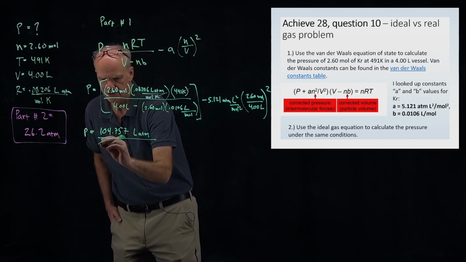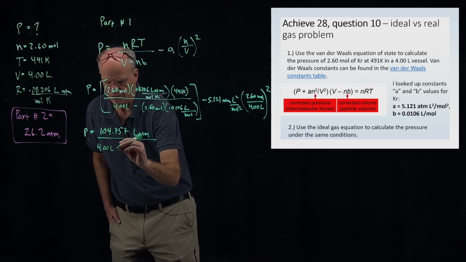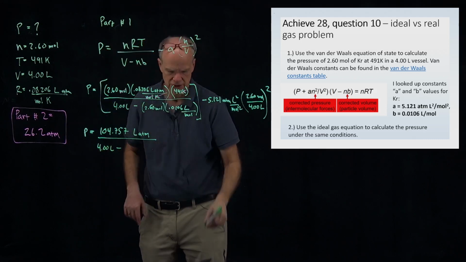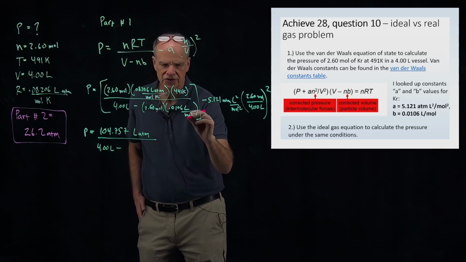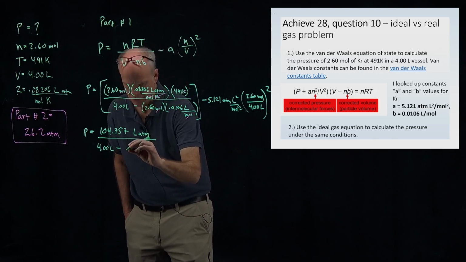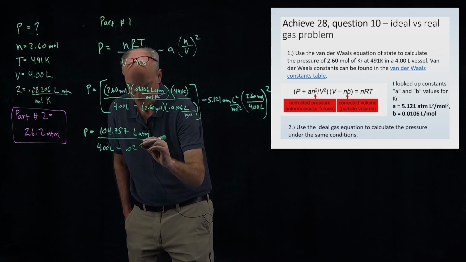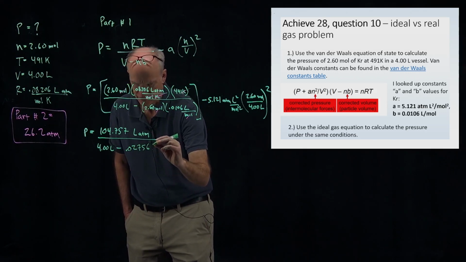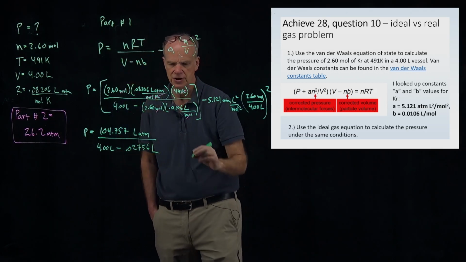So it's going to be 4.00 liters minus, I'll go ahead and do this multiplication, and I see that moles cancel out, and so I got 0.02756 liters. Okay, so far so good.